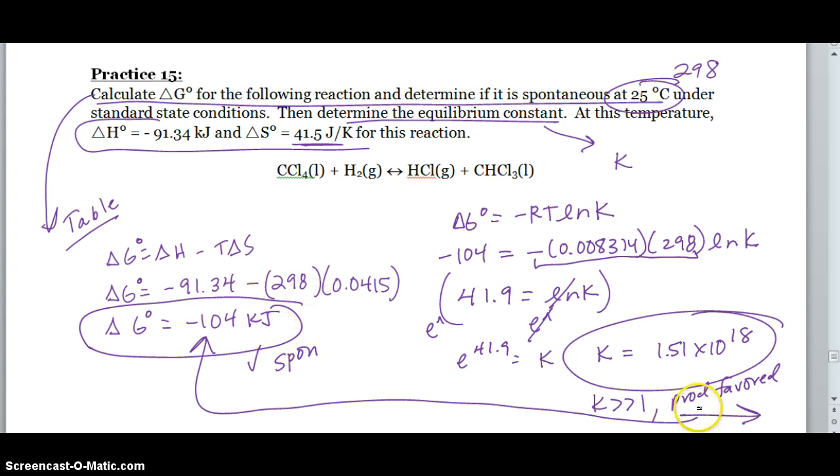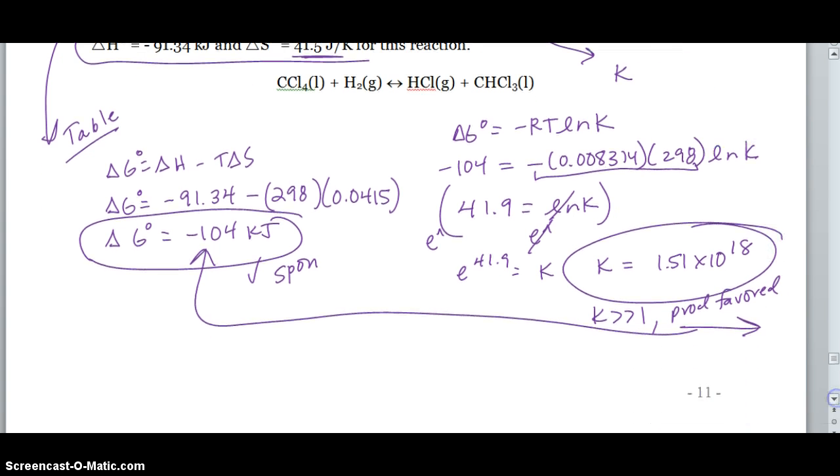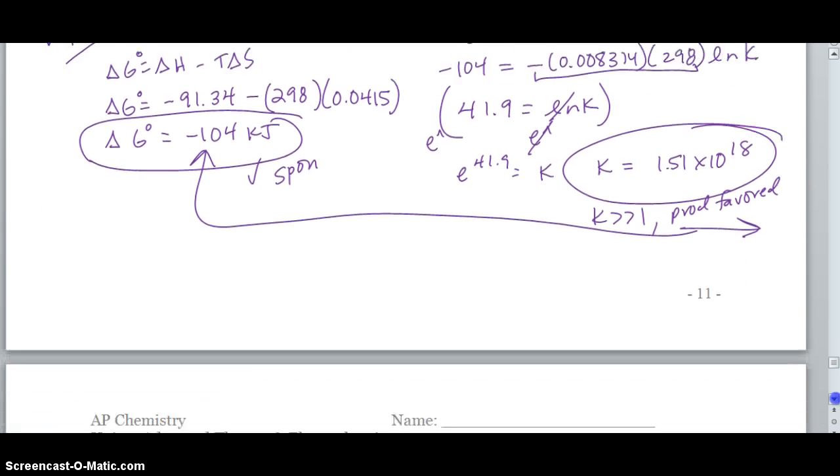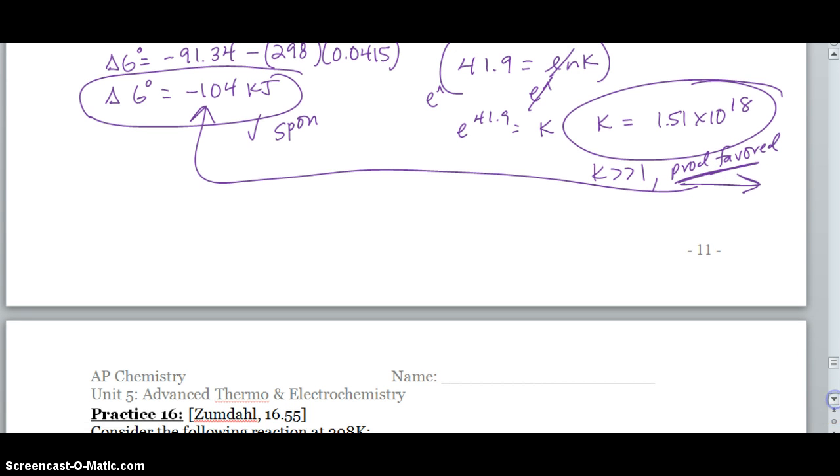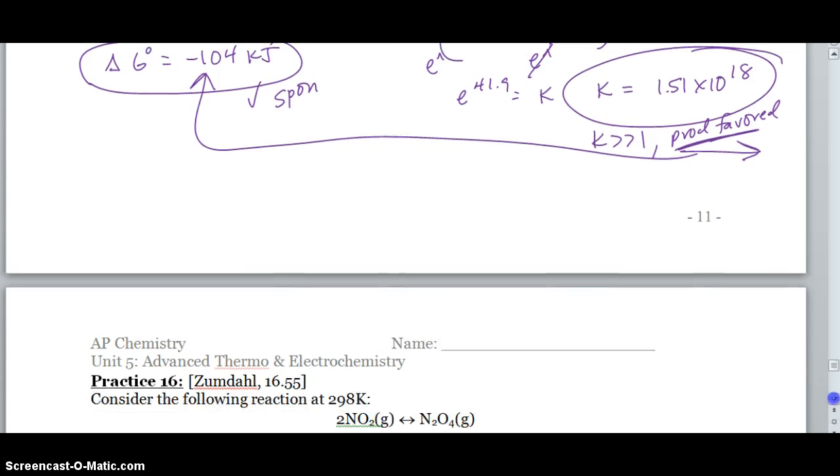So these guys certainly go together, and that's kind of what the previous little blurb was trying to get at, looking at when will it be negative? What does that mean for your K? Well, this is a really big K, and we already knew that products were favored based on what we learned about equilibrium. Now you're seeing the thermodynamic reason why.